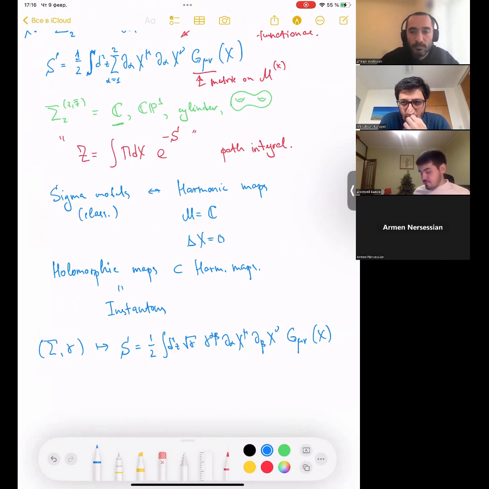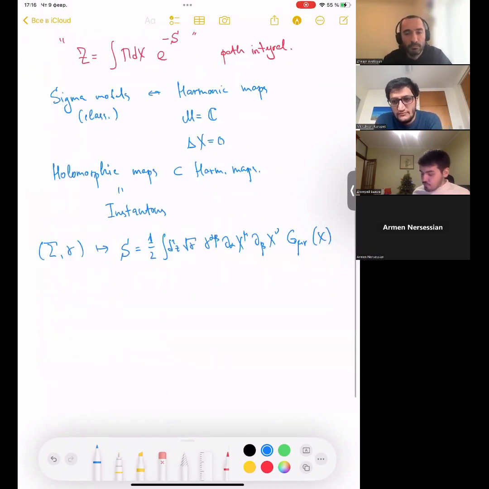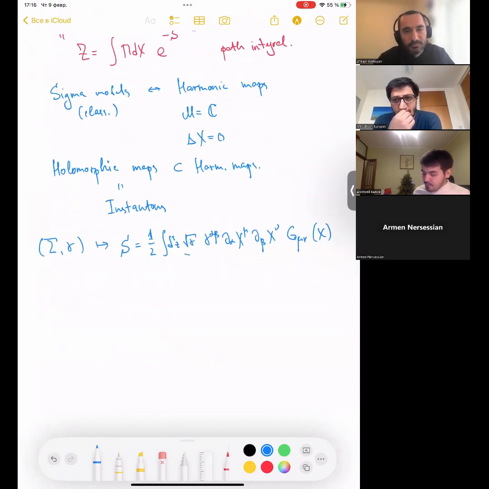No, that's the point. So this is a Weyl invariant combination of the metric, right? So this is invariant with respect to rescalings, so actually only the conformal class of metrics matters.